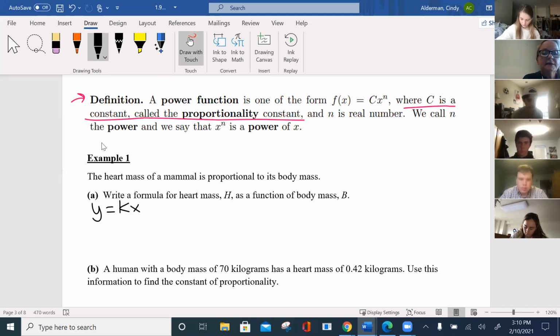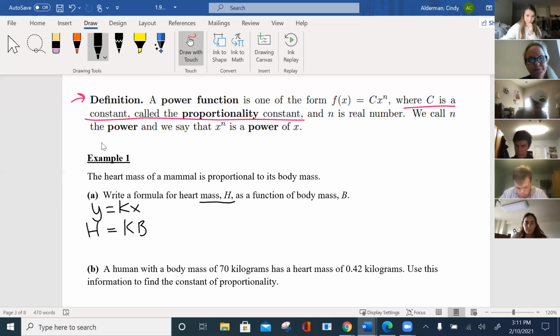And this is saying that y is proportional to x, right? So here we want heart mass is proportional to body mass by constant k. Okay, so we wrote a formula, right?